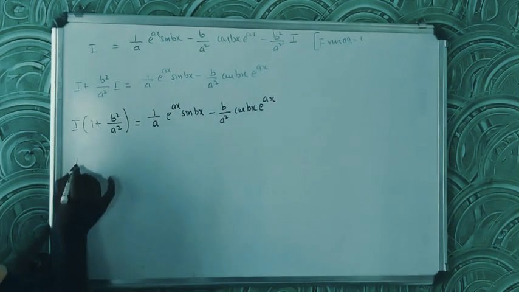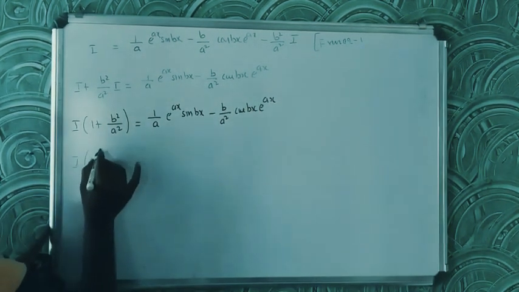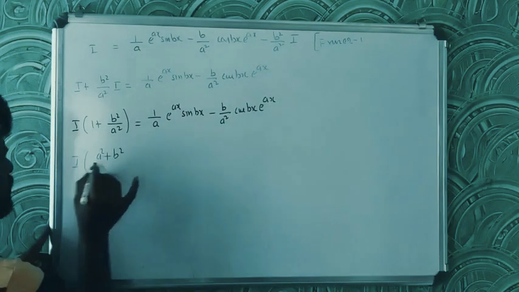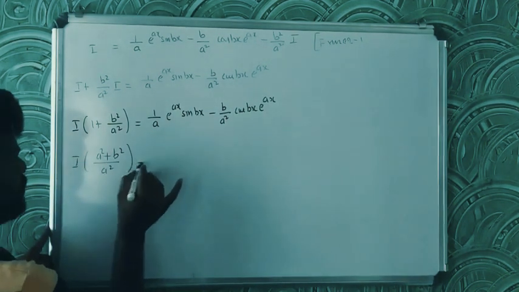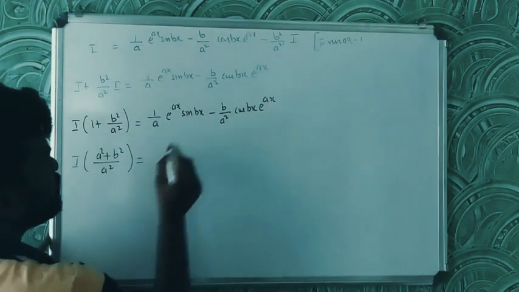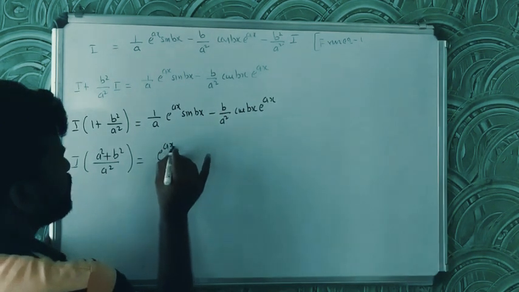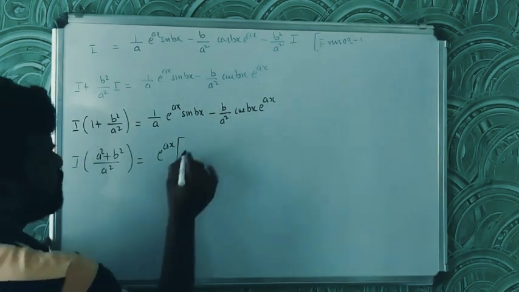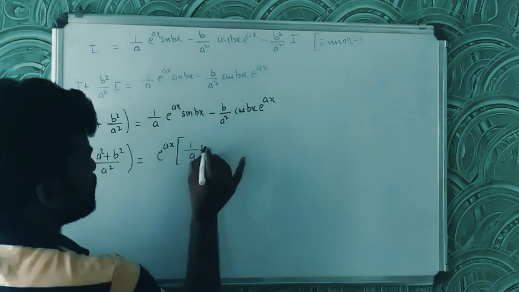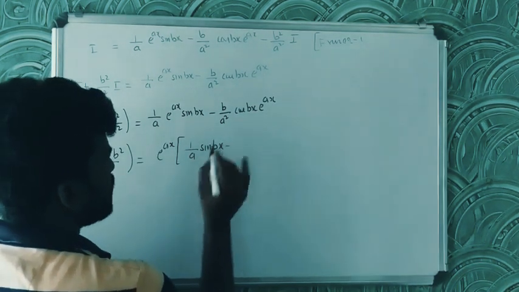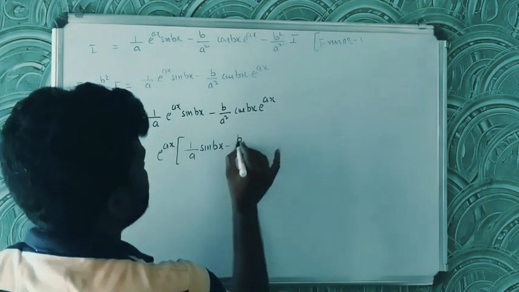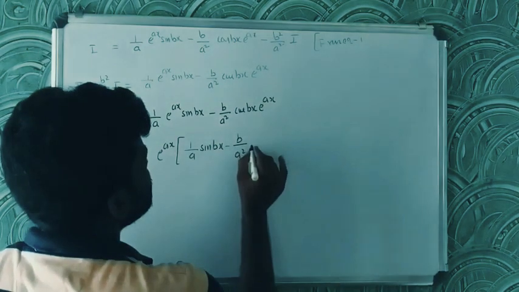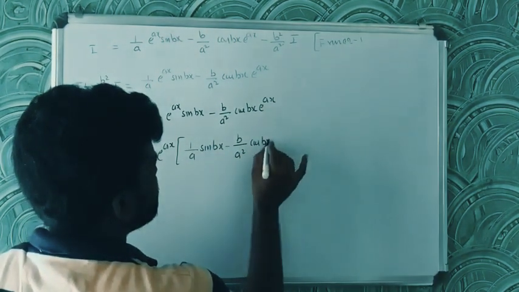So the LCM is a square plus b square by a square, is equal to, taking e power of ax common from the two terms, the remaining 1 by a into sin bx minus b by a square into cos bx.